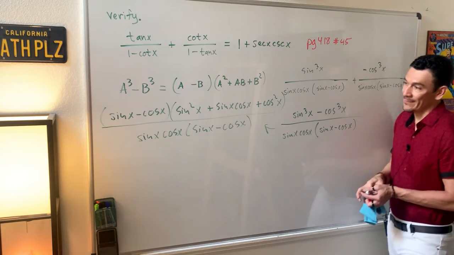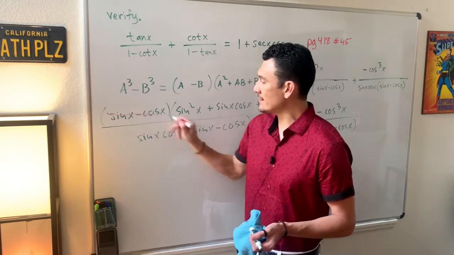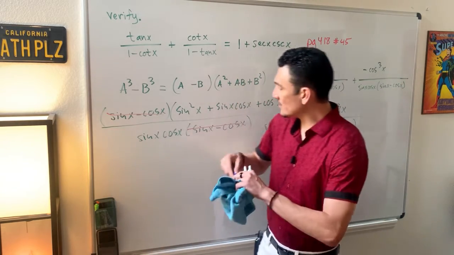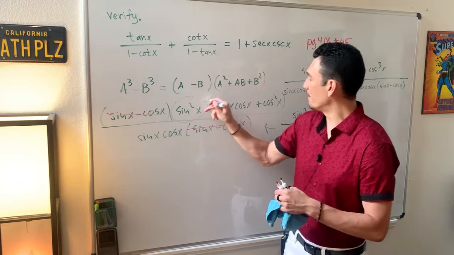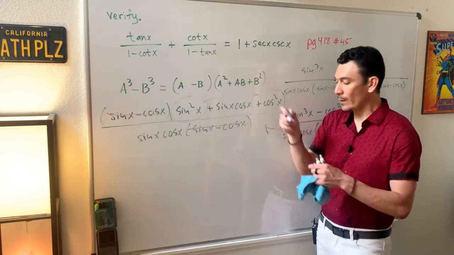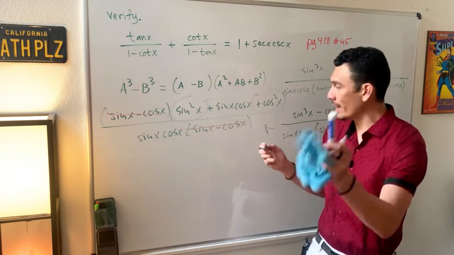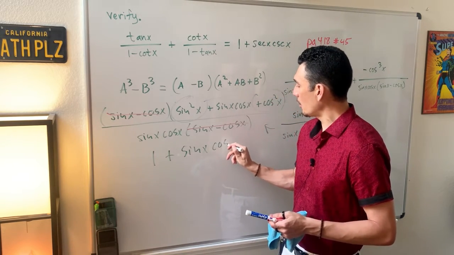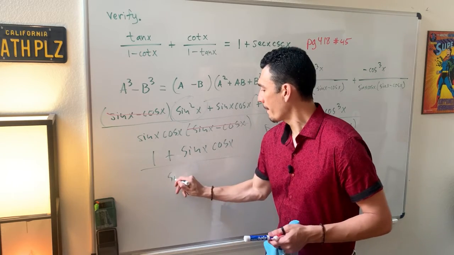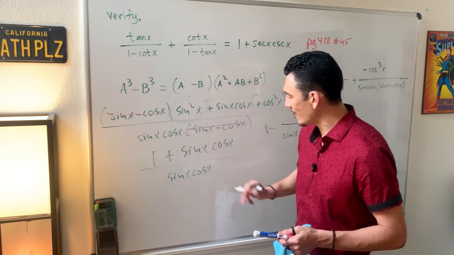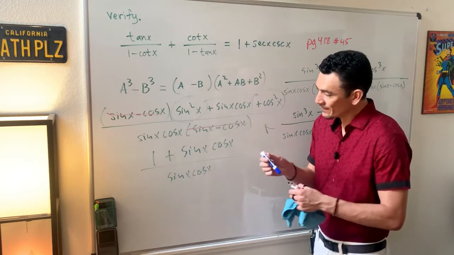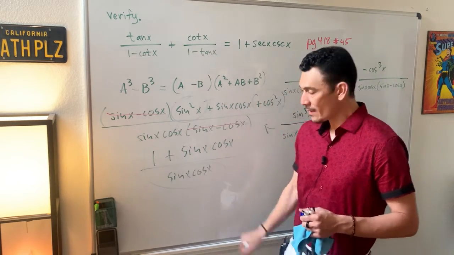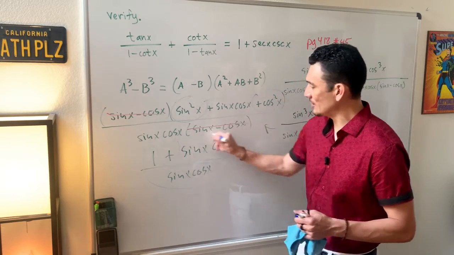I notice something. I notice that this knocks out with this. I also notice that this combination of blue, sine squared plus cosine squared, that is 1. So I have 1 plus sine cosine over sine cosine. So now what I want to do is I want to break this up into this fraction here plus this fraction here.